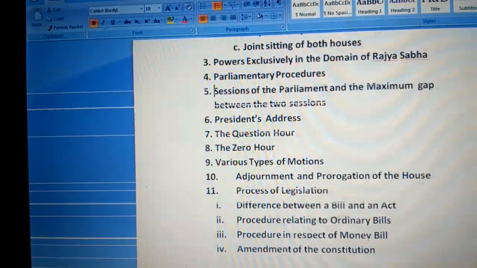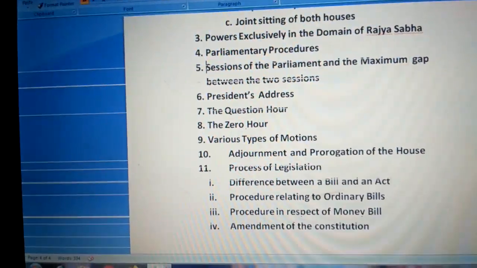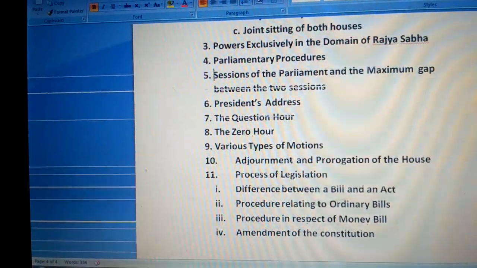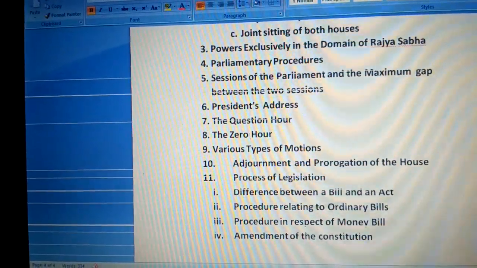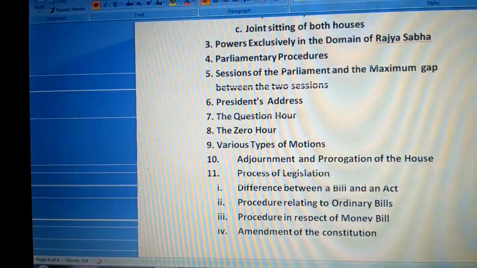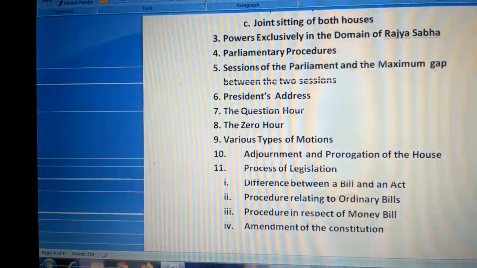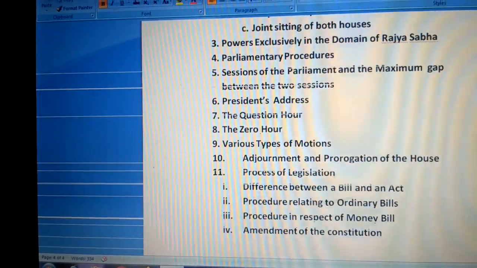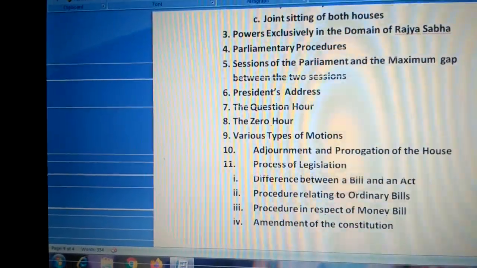So from the budget session, parliament starts its session. And the President's address is a policy statement of the government. So the address sets out the task that the government wishes to undertake and the subjects on which it proposes to make laws. This is the President's address. Okay.